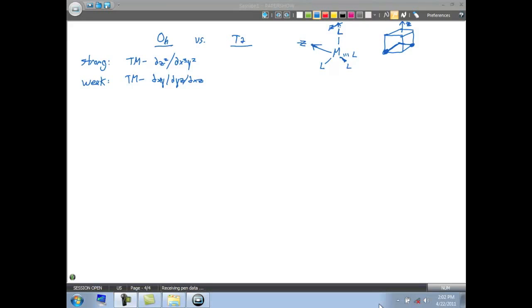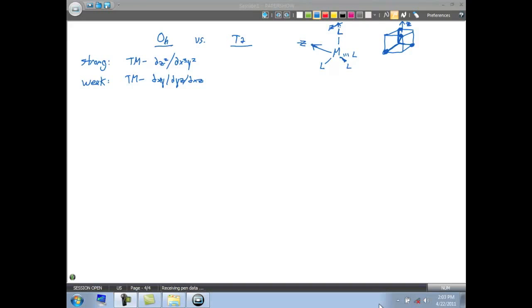And then there would be 2 ligands on these ends of the cube right here, forming another 109.5 angle. This will give us our tetrahedral molecule the way that a group theorist would analyze this.